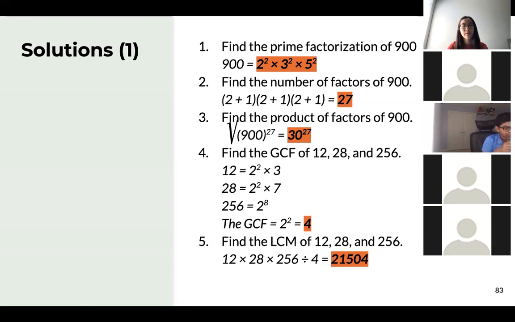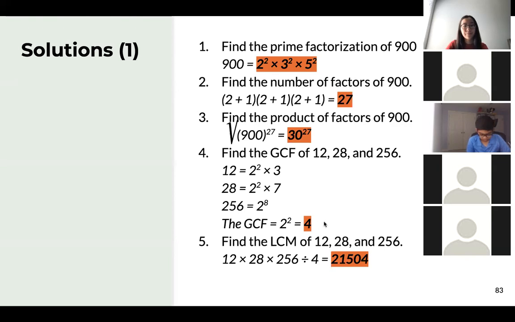And then for greatest common factor and least common multiple, you can find the prime factorizations. And then the only number that they all have in common is 2 squared. So that's 4. Greatest common factor is 4. And then least common multiple.